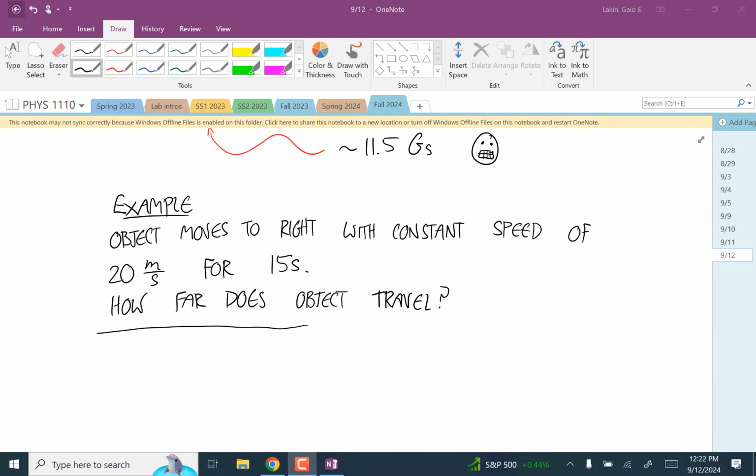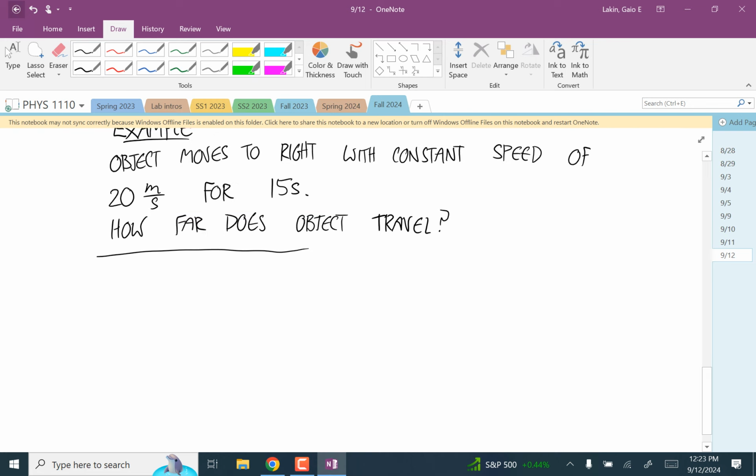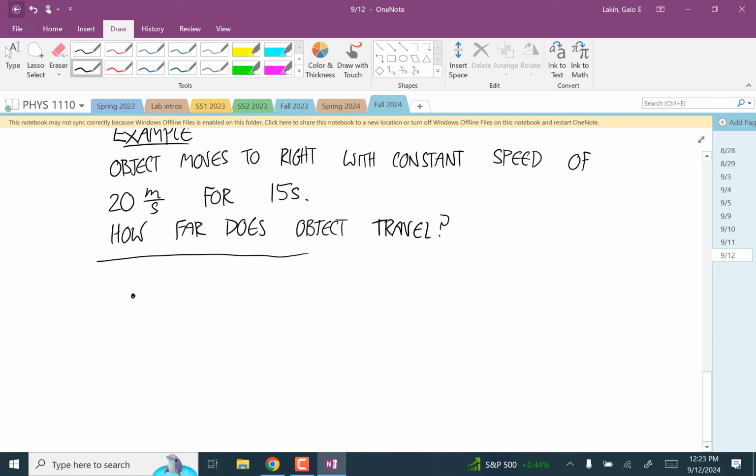All right, so to get this answer, all you do is multiply the 20 by the 15 and you get the answer. But I just want to go through this following the steps that we've laid out and show you how it reduces to this thing that you naturally do in your head. So we have a motion that goes from here to here.